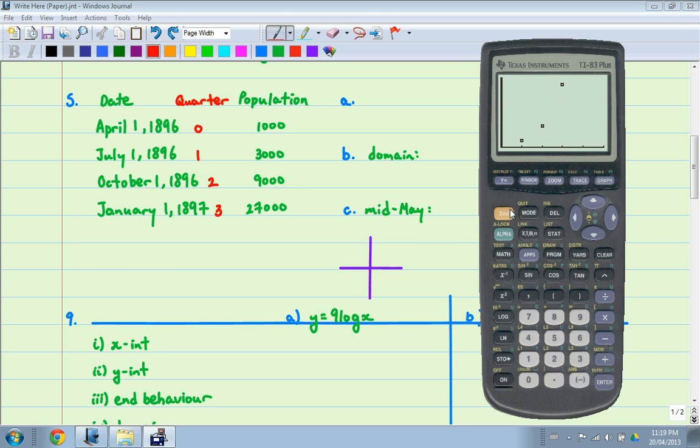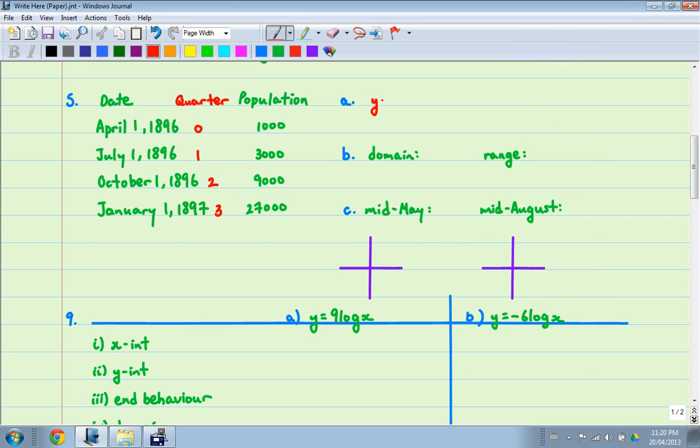And then you can go to Stat, Calculate, number 0, Exponential Regression, and then L1, L2. You press enter, and you get that y is equal to 1000 times 3 to the x. So you can see that the initial value is 1000, so that matches what we have here, and there is actually a common multiplier of 3.